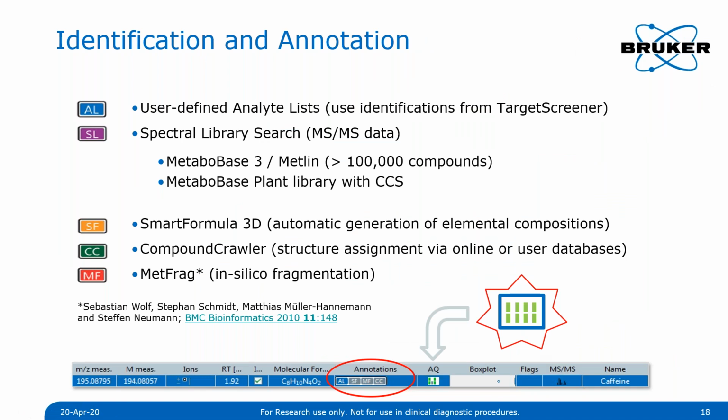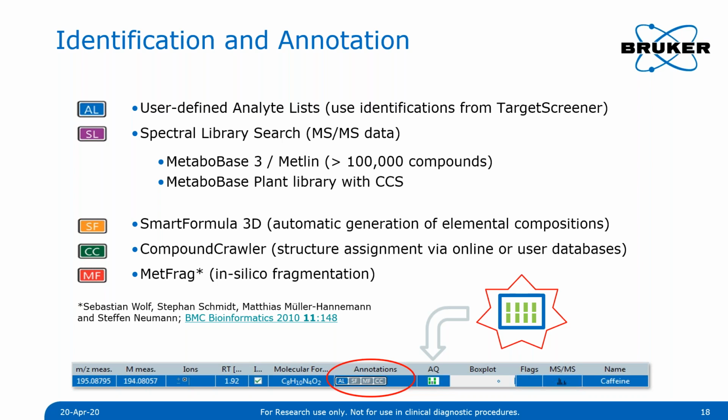Identification and annotation of analytes is done with 5 different software tools. So known unknowns are automatically annotated via matching of the complete bucket table to a list of known unknowns and MS/MS spectral library search. For true unknowns, the system automatically generates the most likely molecular formula based on an accurate mass and the true isotopic pattern for the detected analyte.